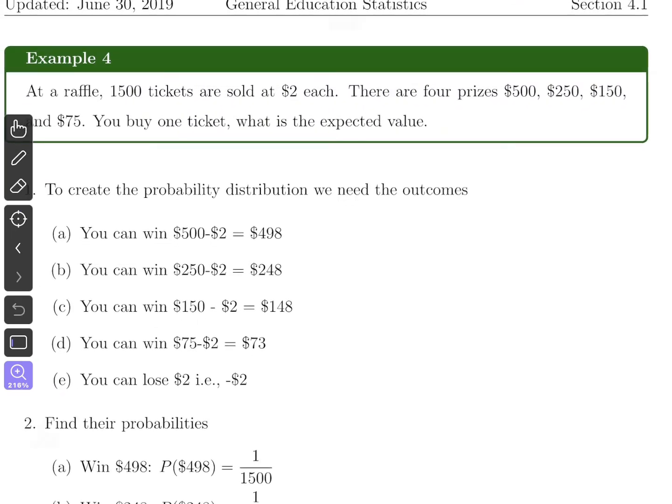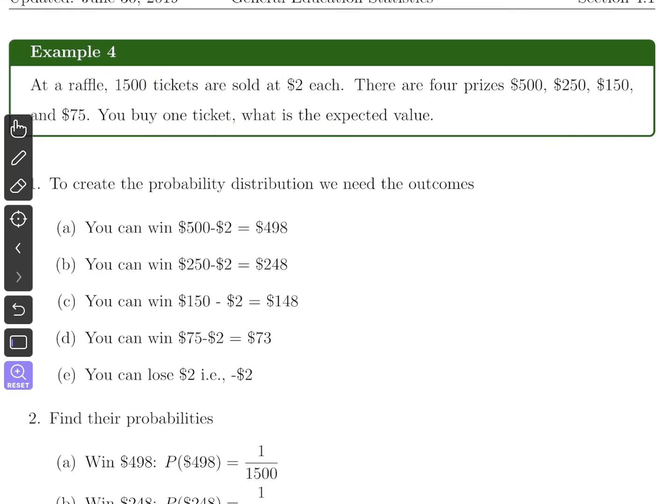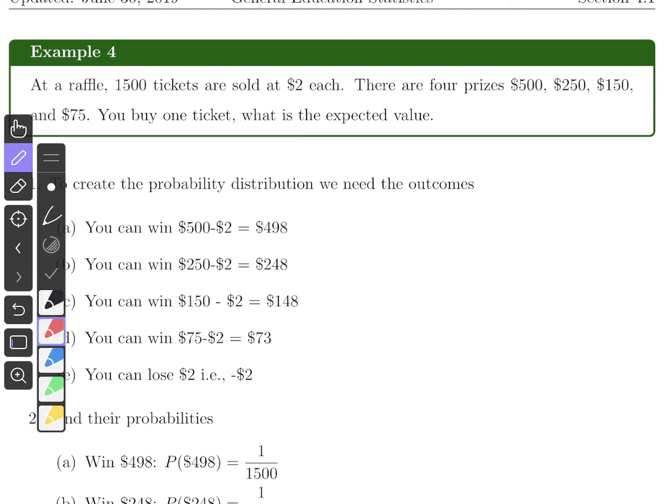I want to say there are 5. There's a 500, a 250, a 150, and let's say there are 2 of these. So there are 5 total now. You buy a ticket. What's your expected value?